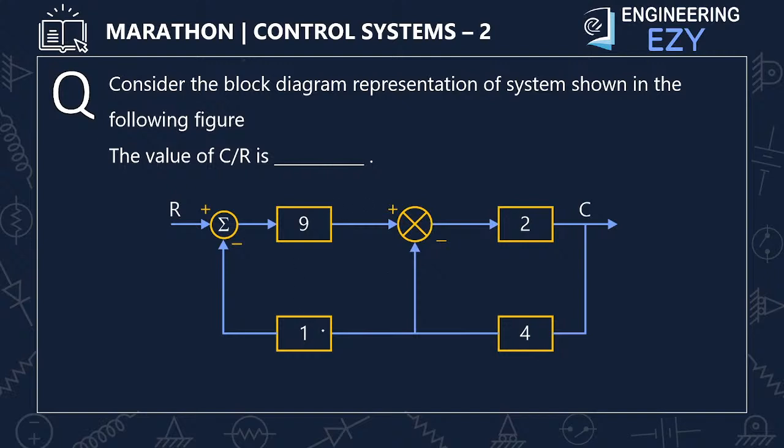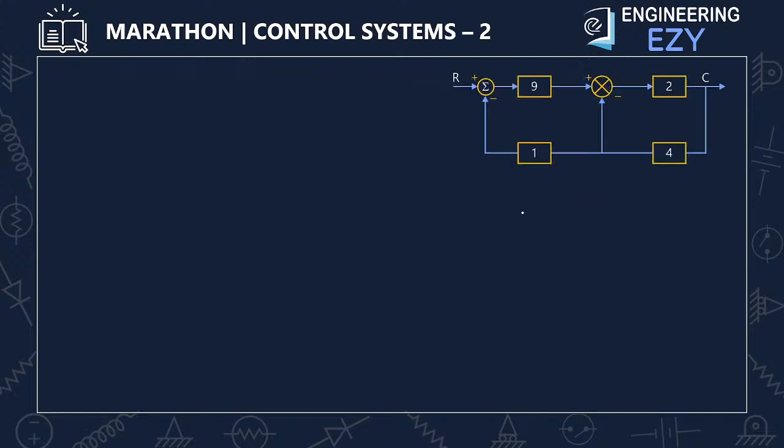So, in this block diagram, using the block reduction method, we have to calculate C by R. C is the output and R is the input. So, what is the overall transfer function if the gain is shown in the block? If you reduce this block diagram into a simpler one, you can easily solve it.